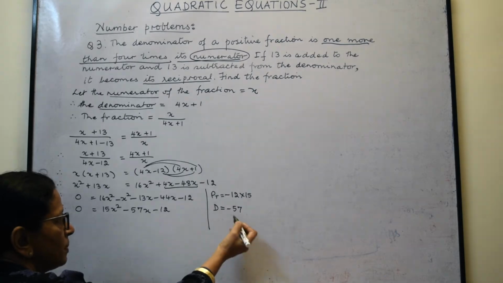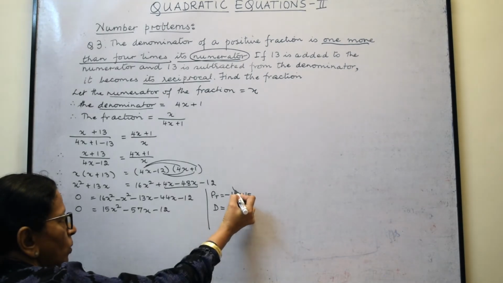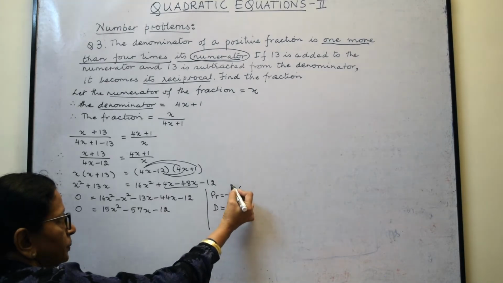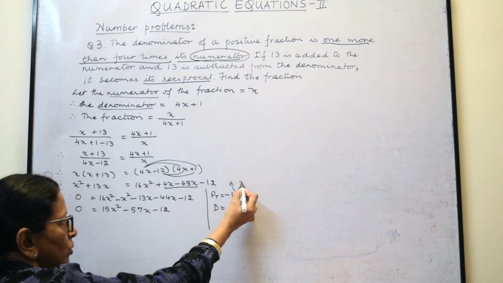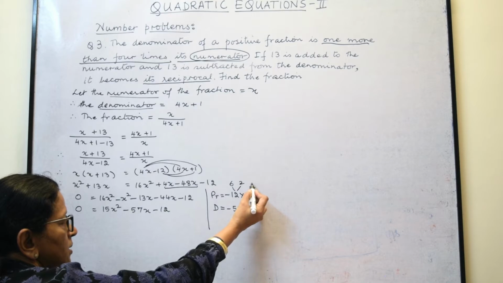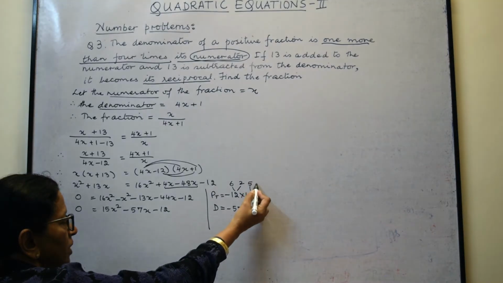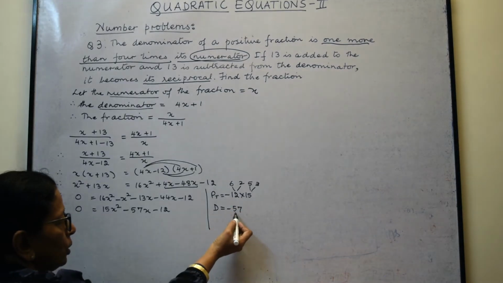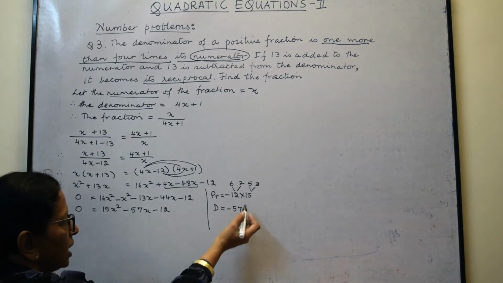So one of the numbers is bigger than 57. Now you can also do this way. This is 6 into 2 and this is 5 into 3. So you will see one of the numbers is going to be bigger than 57.